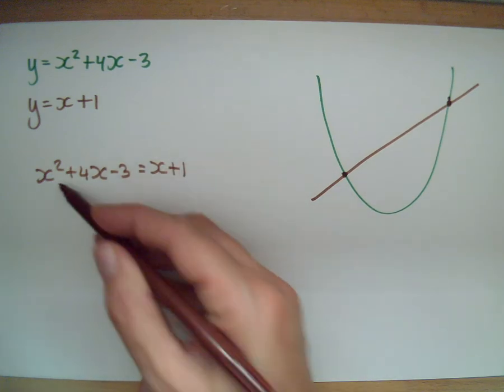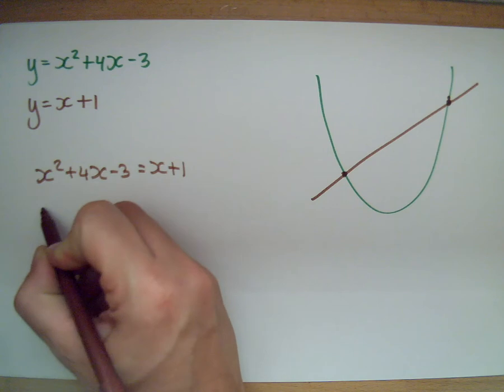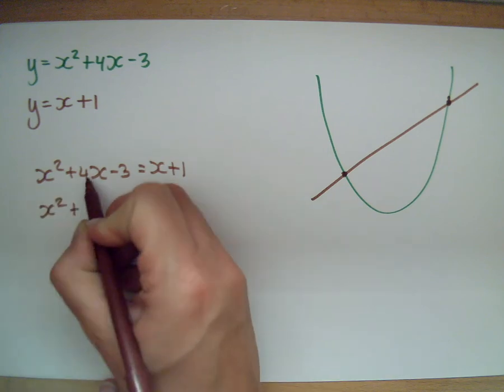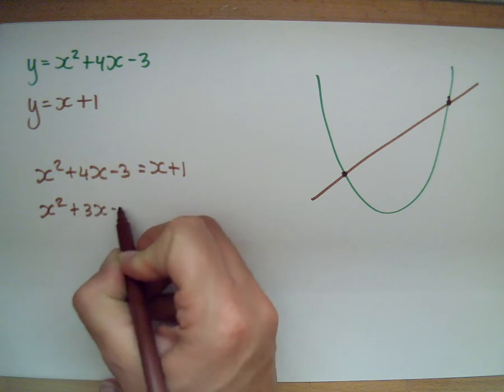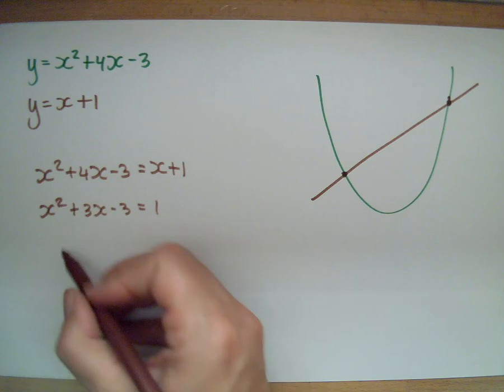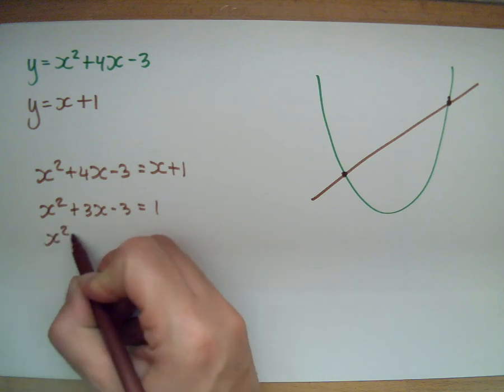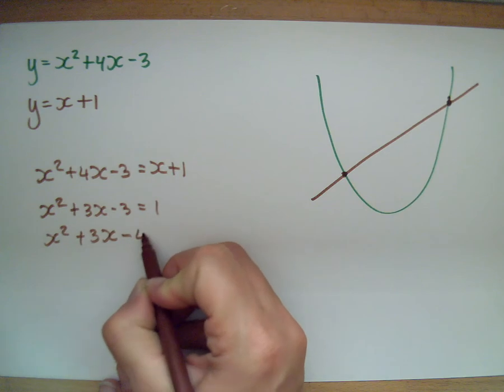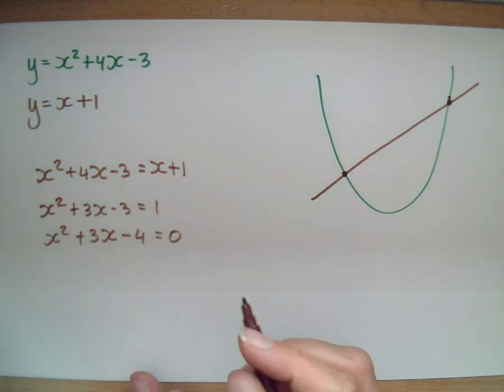We're going to move everything to the left, all the terms. So we're going to subtract x from both sides, which leaves us with 3x here. Now we're going to subtract 1 from each side. -3 minus 1 is -4, and we've got 0 left on this side.